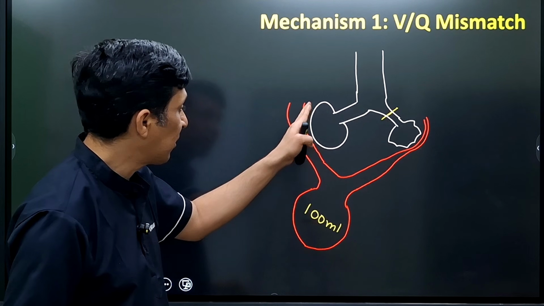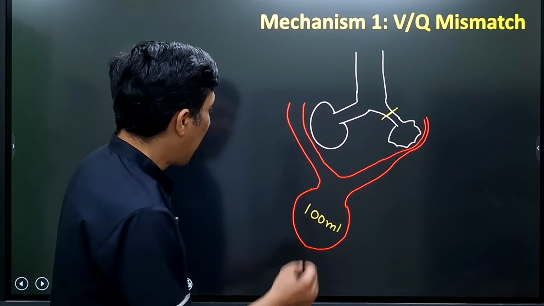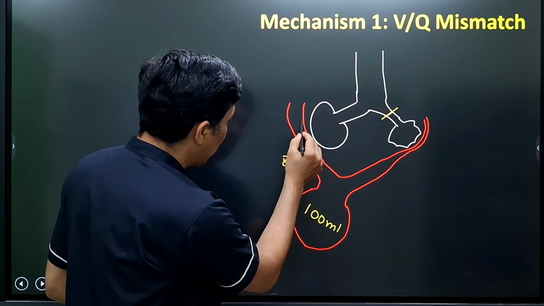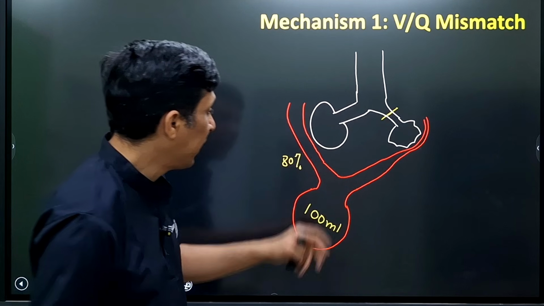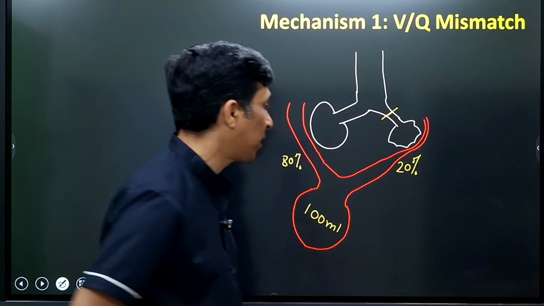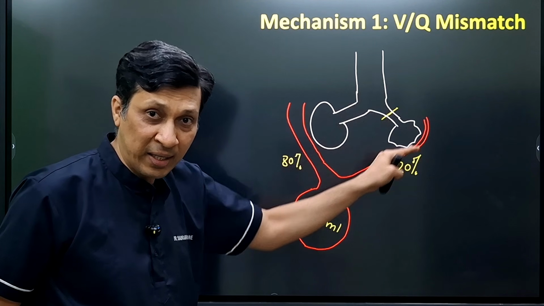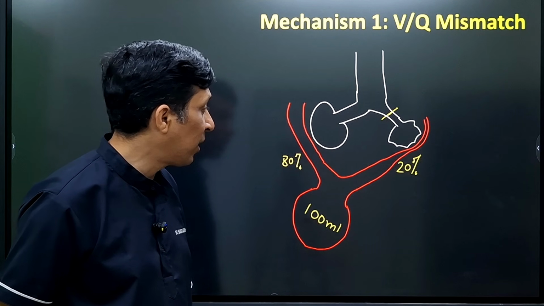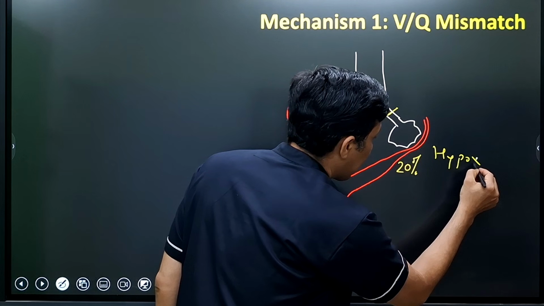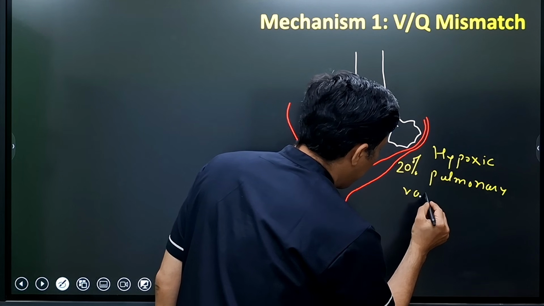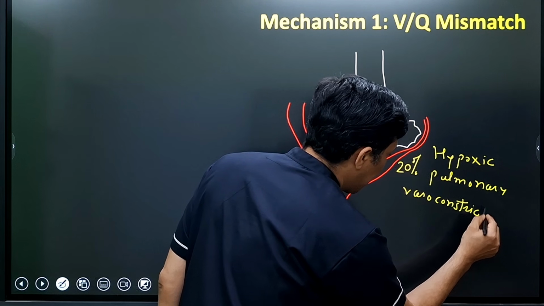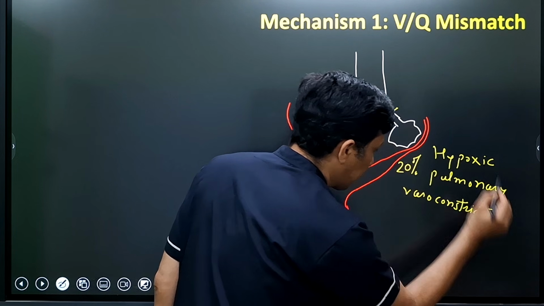Where there is normal ventilation, about 80% of blood goes through this artery, and only 20% of blood goes through the part of the lung which is not properly ventilated. This is called hypoxic pulmonary vasoconstriction.